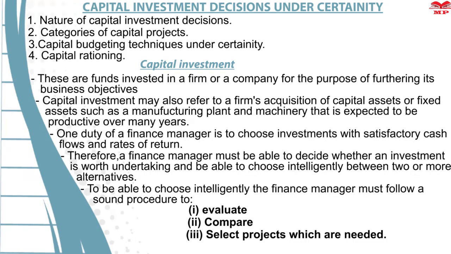And this procedure is called capital investment decisions or capital budgeting. Therefore, capital budgeting is an essential managerial tool, as the success and growth of any business enterprise depends upon efficient utilization of resources.